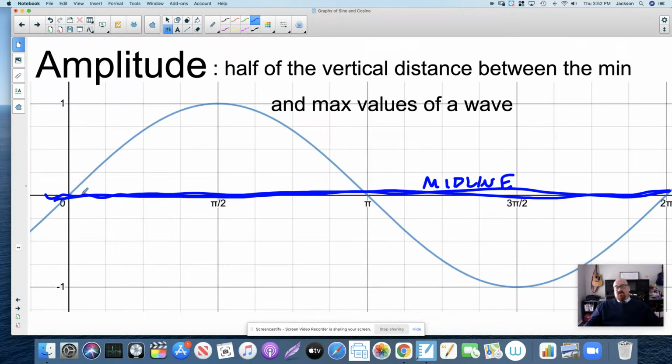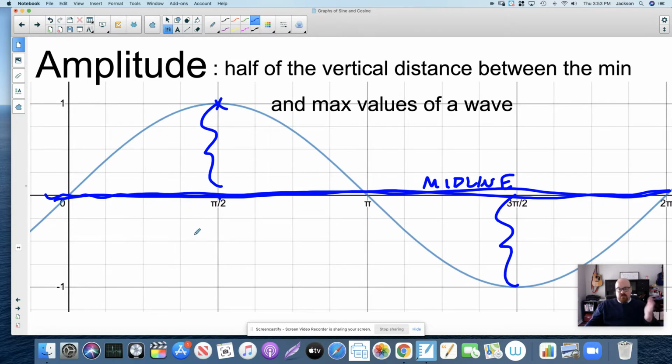The midline of the wave is that horizontal line that cuts through the middle, where this distance matches this distance. If you can find that midline, the amplitude is simply the distance from the midline to the max.